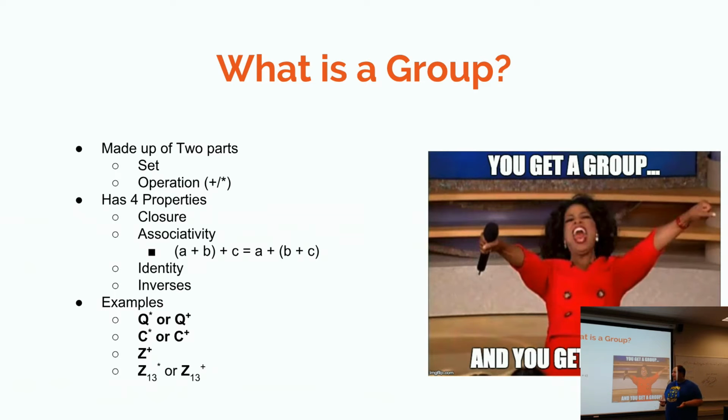So those are a bunch of examples down below. Those are fancy math-looking things, but that's basically the stuff I've been talking about. You can also look at fractions. Fractions with multiplication are considered a group because they meet all of the qualifications. They're closed. No matter how many times you multiply fractions together, you're not going to get something like square root 2.